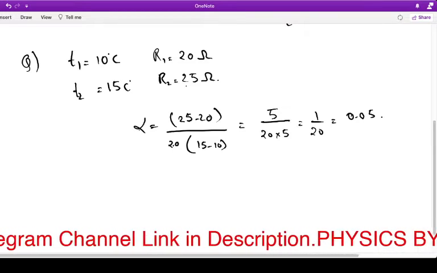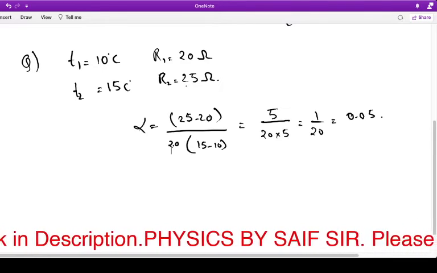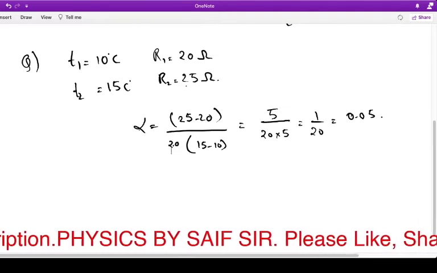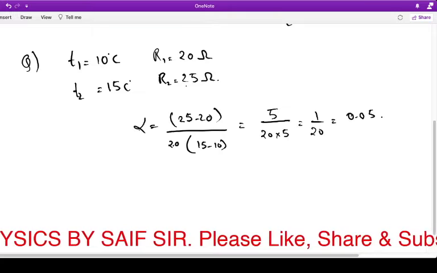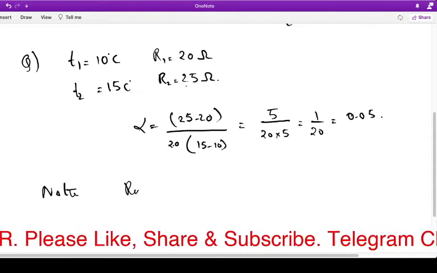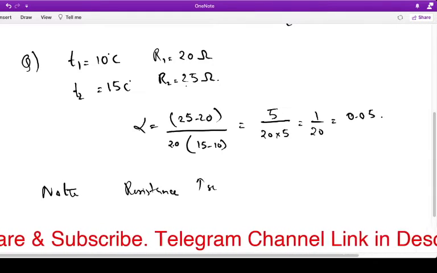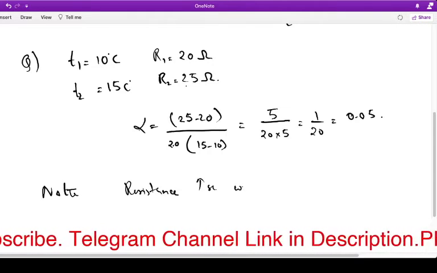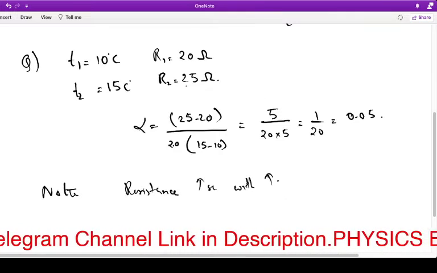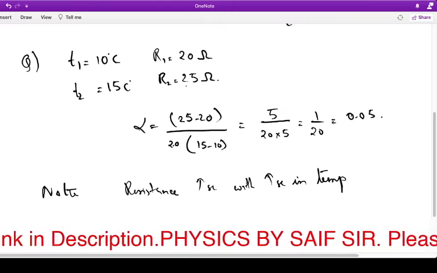The important note here is that resistance increases with an increase in temperature.